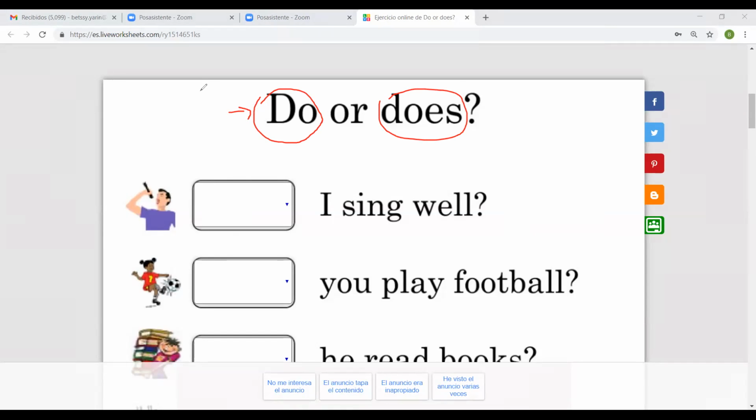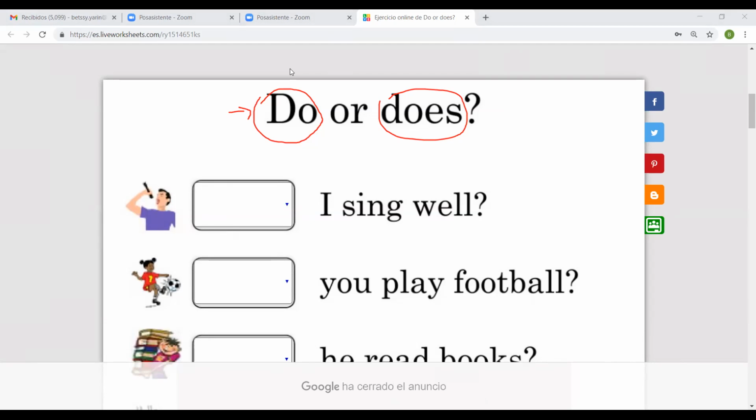I have the pronouns. Do you remember the pronouns? Who can tell me the pronouns? Do or does. Okay, who can tell me the pronouns?